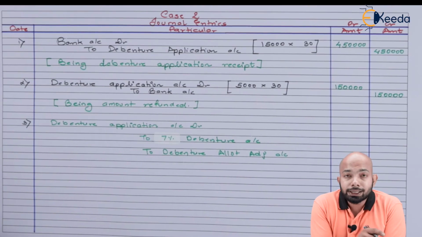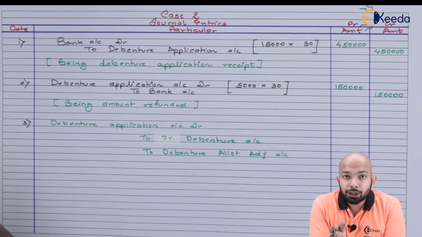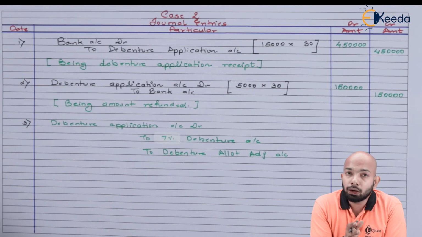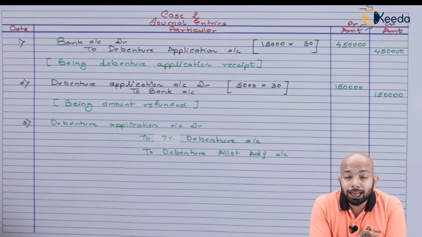Now, the entry that we have passed here is debenture application account debit to 7% debentures account and to debenture allotment adjustment account. Here, the balance will be taken care of in allotment adjustment.